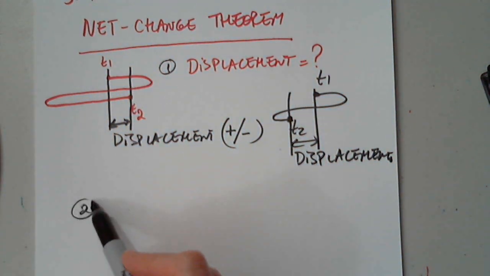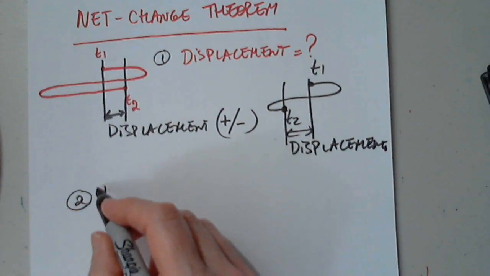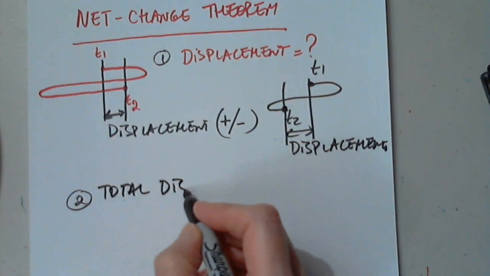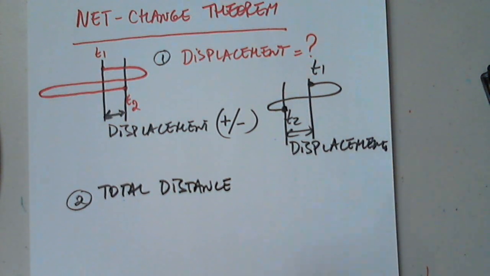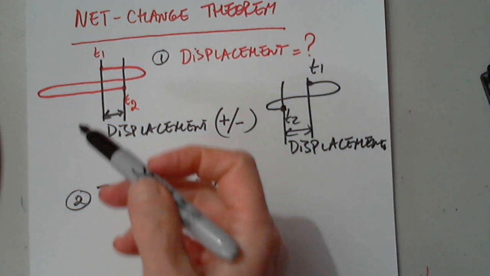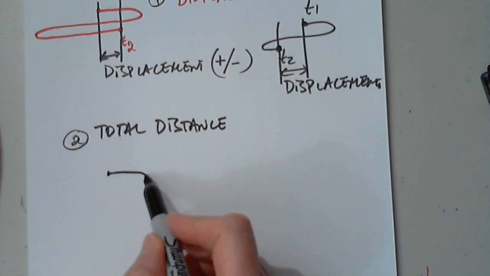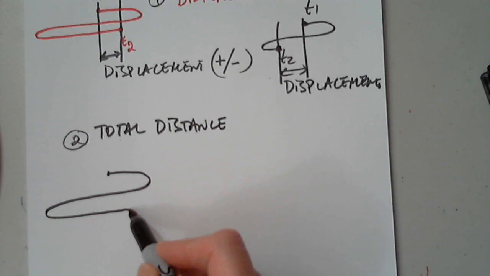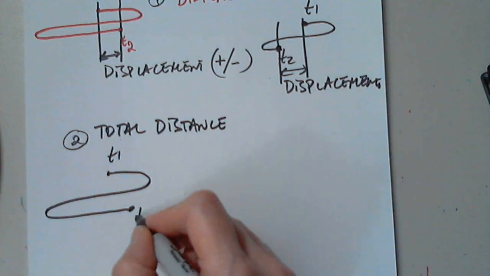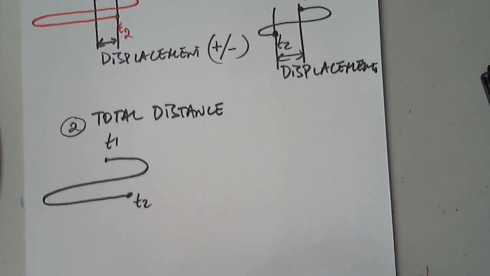The second thing that we looked at for this particle was the total distance. And at that time, we did this. I'm going to copy this figure. I don't want to put more stuff in there. So this is my T1 and this is my T2. So what did we do?